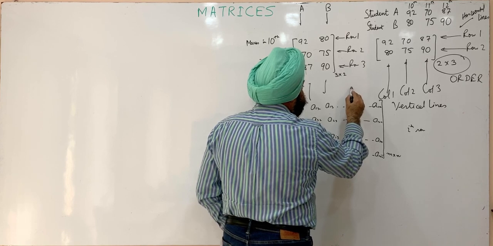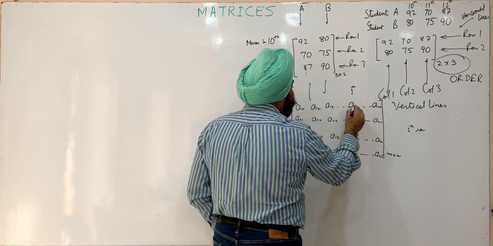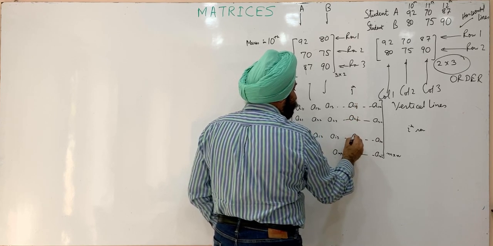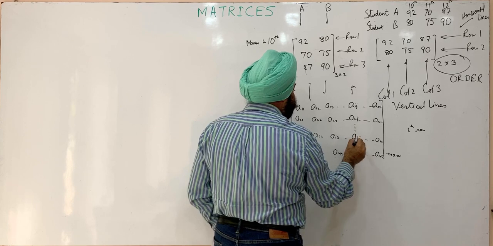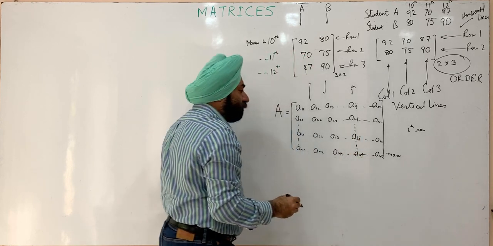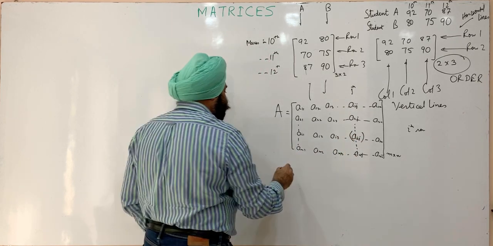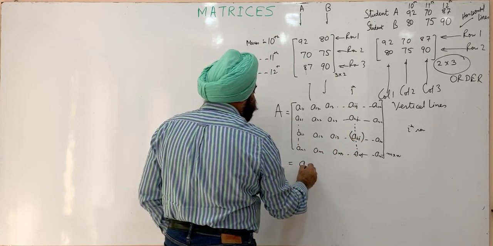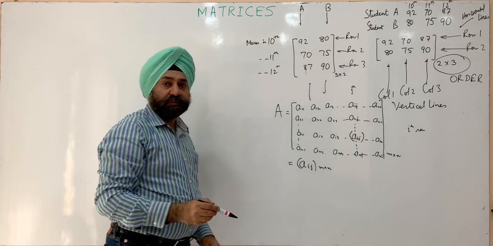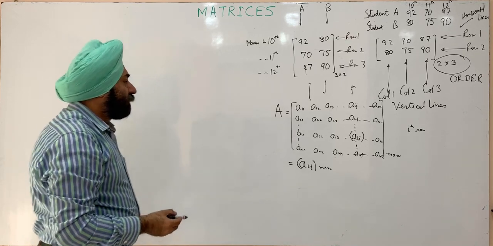Similarly, we can have the jth column somewhere here and elements a1j, this is a2j, this will be aij and so on. This is amj. This is called the general element. We can say A is aij in order m into n. This is how we denote a matrix.